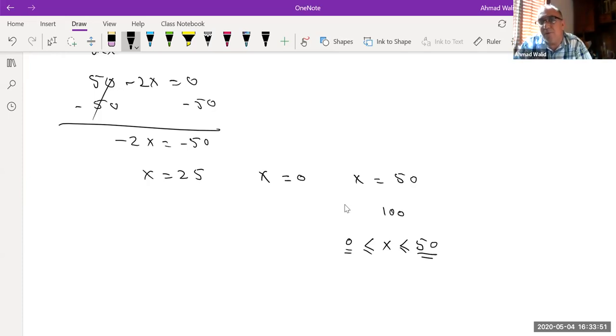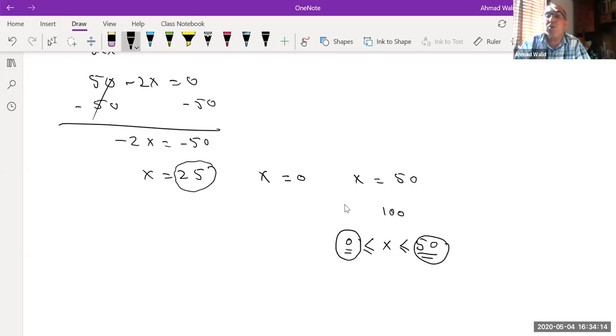Now you learned in 4.3 that if you plug your critical point and your endpoints into the given function, you can see which of these is your maximum point, right? If 25 is maximum, if 0 is maximum, or 50.